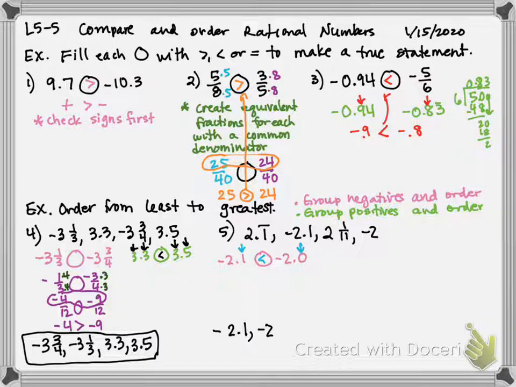Then, with the other ones, my positives, they're going to make me work a little bit harder. So I have 2.1 repeating compared to 2 1/11. So what I'm going to need to do is figure out what 1/11 is. I'm going to do that off to the side. Let's put in a 0. 11 can't go into 10, so I have to put in a 0, and that allows me to bring down another 0.